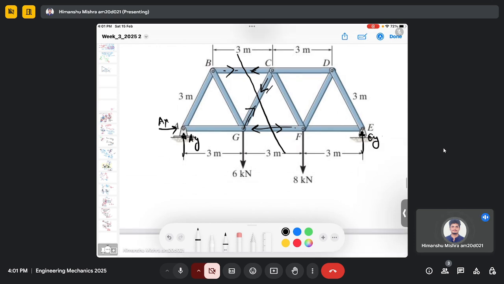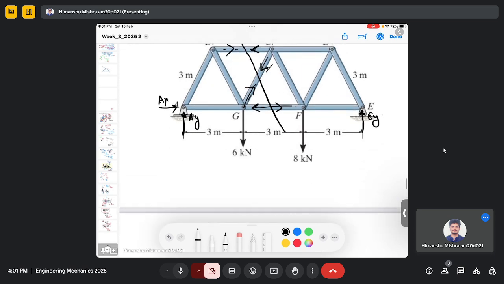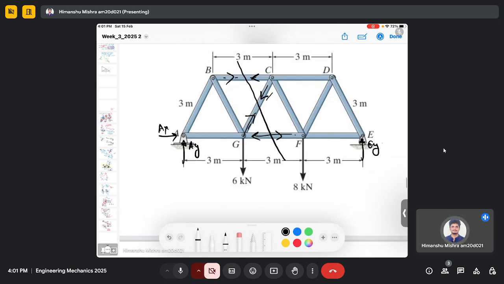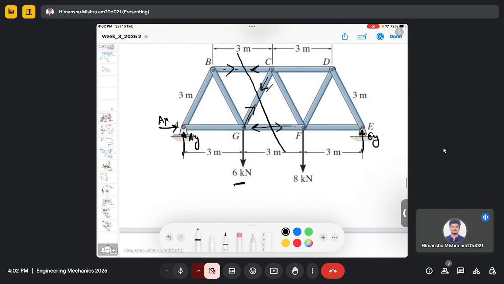Yeah, so let's find the reaction AY. So I can take the moment about point E. The force which will contribute to the moment about point E will be the 6 kilonewton force because it has a perpendicular distance, which is 6 meter, then 8 kilonewton because it has a perpendicular distance of this.